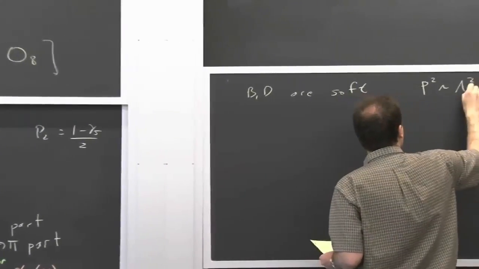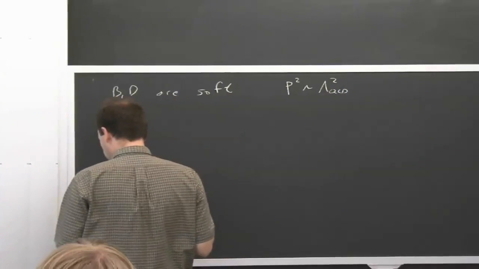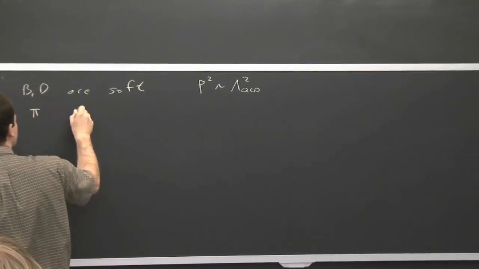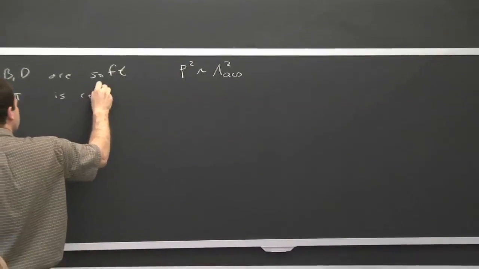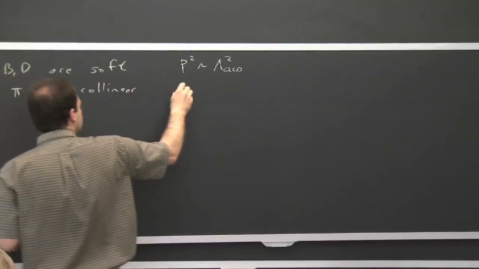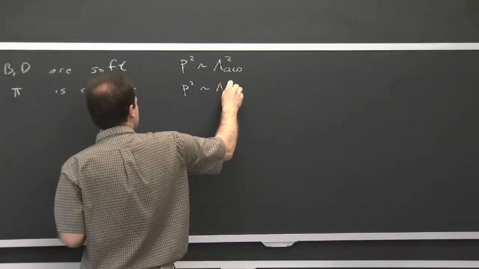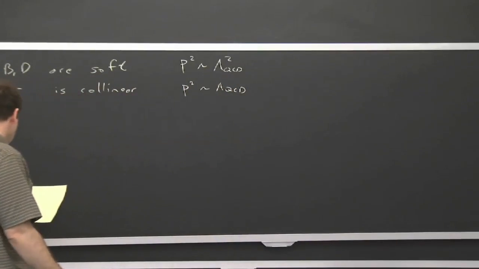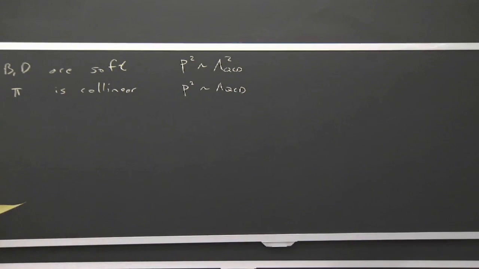So the B and D have p squared of order lambda QCD squared for their constituents. The pion is collinear, and its constituents have p squared of order lambda QCD squared, but they're boosted. We can again use SCT.